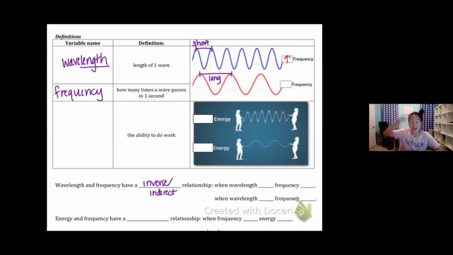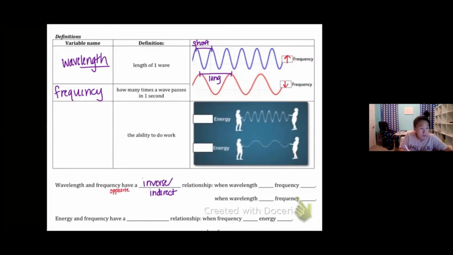More waves can pass by every second. But when you have a long wavelength, not many waves can pass by every second, so we say it has a low frequency. So when you say it has an inverse or indirect relationship, we are saying that they have an opposite relationship. When one goes up, the other one goes down.